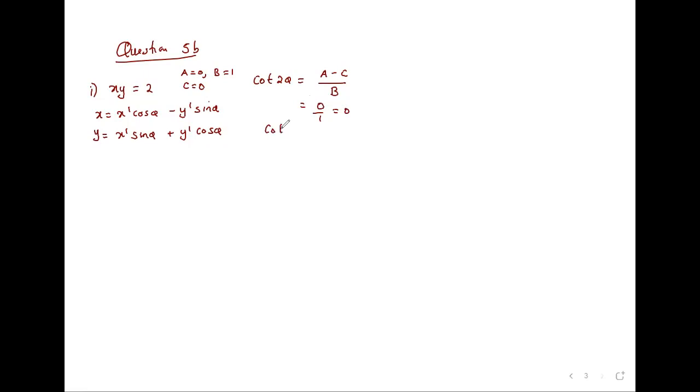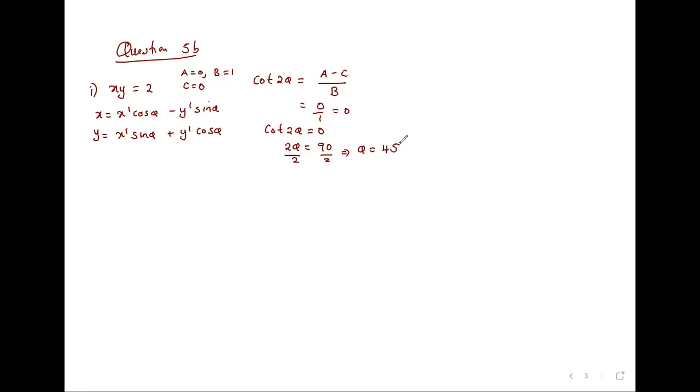So when is cot 2 theta 0? Remember, cot is the same as cos over sine. So cos is 0 at 90, so 2 theta is equal to 90, divide by 2, and we get theta to be 45.